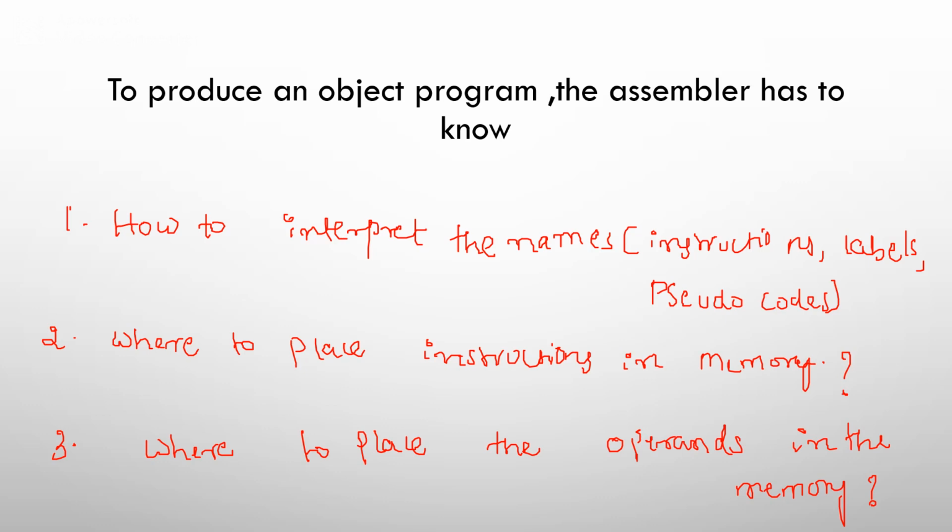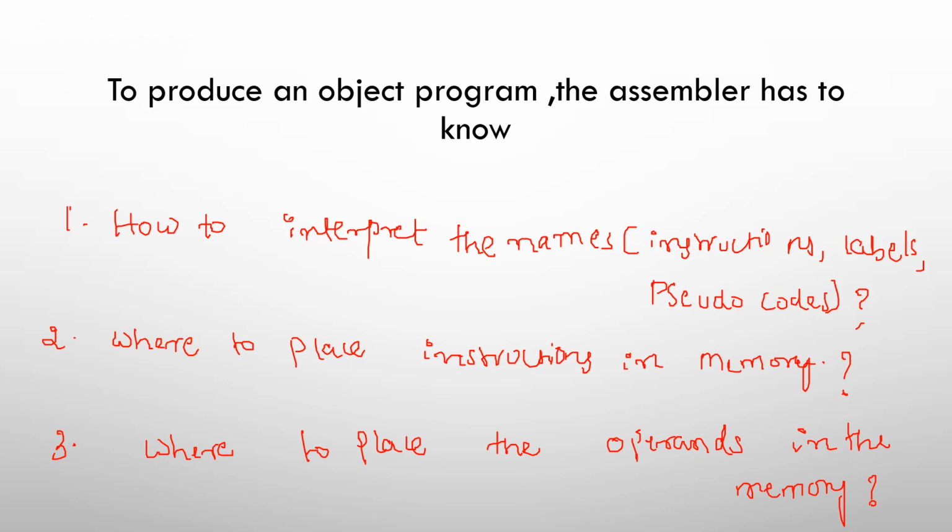To produce an object program, the assembler has to know how to interpret the names. The names may be either instructions or labels or pseudocodes. The second is where to place the instructions in the memory, and where to place the operands in the memory. This information may be provided using the assembler directives.